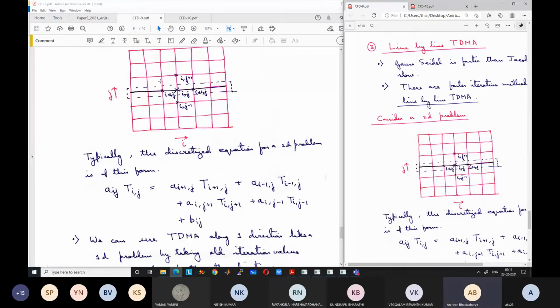this discretized equation for this type of 2D problems, typically for the i comma j point, will involve 4 neighboring points.